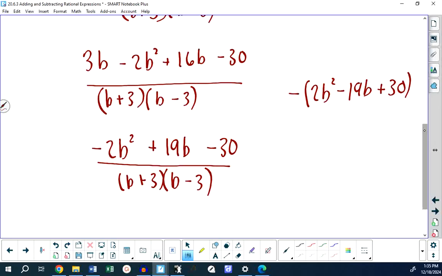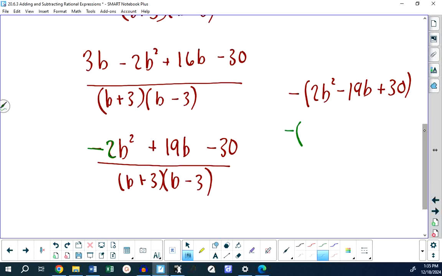I've factored the negative out. It's not equal to 0, so I can't just get rid of the negatives by moving stuff to the other side. But the reason I factored the negative out is my brain, and yours as well, I'm assuming, cannot cope with trying to factor a quadratic that has a leading coefficient that's negative.